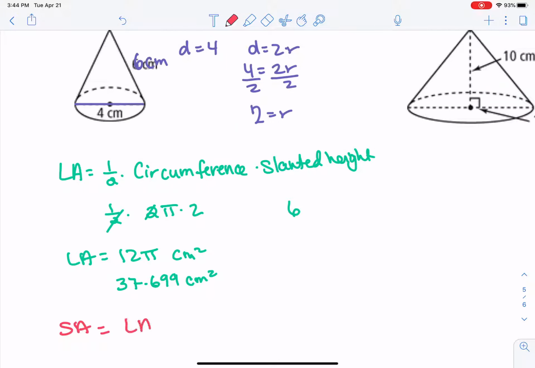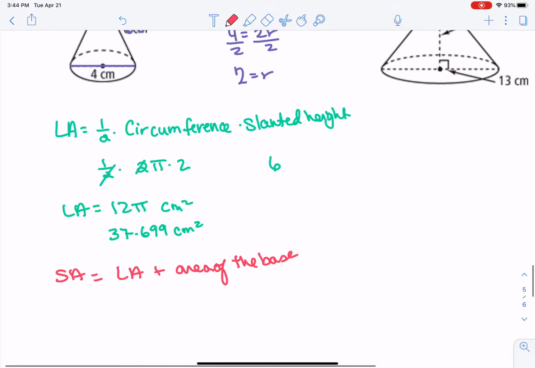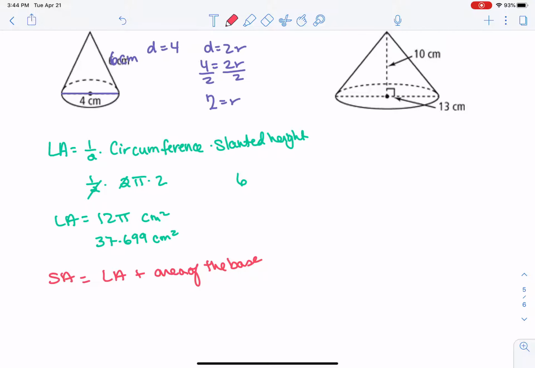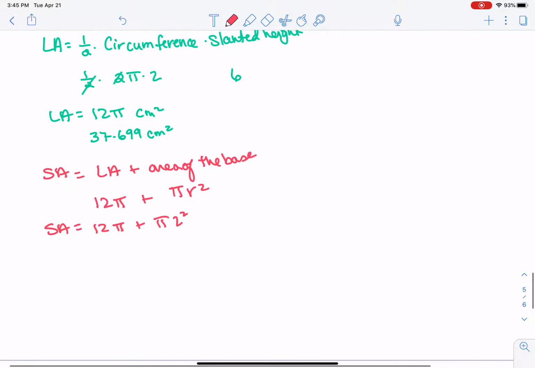So surface area is lateral area plus the area of the base. The area of the base would just be the area of a circle in this case, so that would be pi r squared. Lateral area was that 12 pi, and our radius was 2, so pi 2 squared, and our surface area is 12 pi plus 4 pi, or 16 pi centimeters squared.